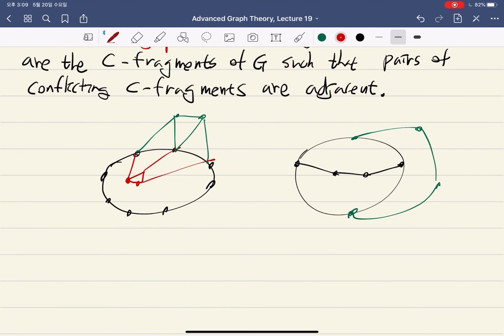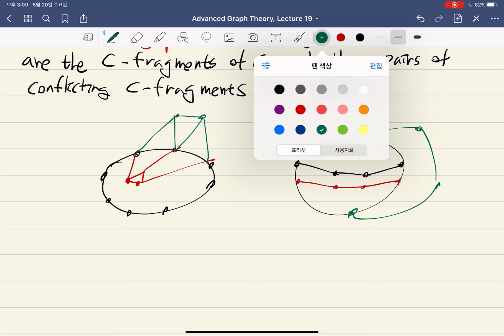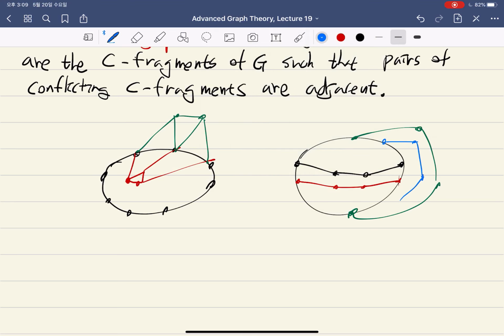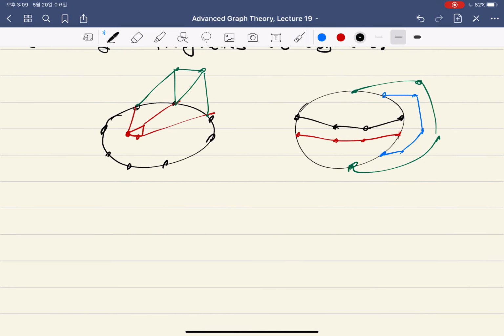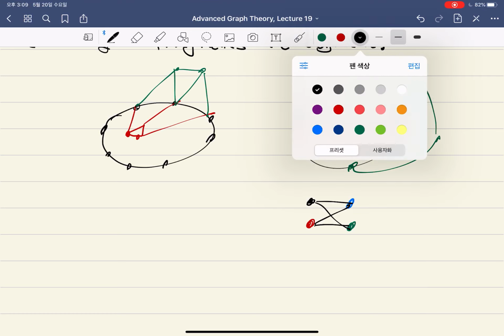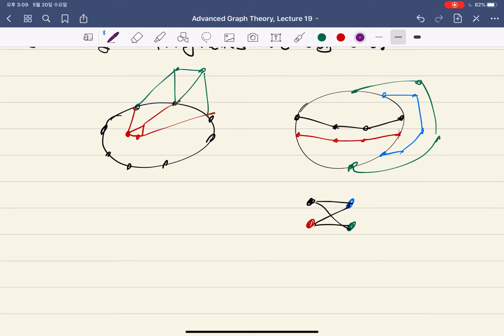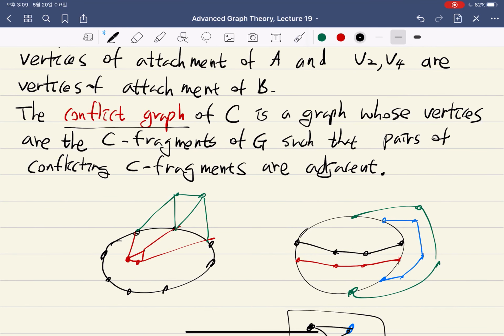For example, if we have this, then in the conflict graph we have black, red, blue, green, which represent each fragment by color, and these pairs conflict. Anyway, this defines the conflict graph of the C fragments of C.